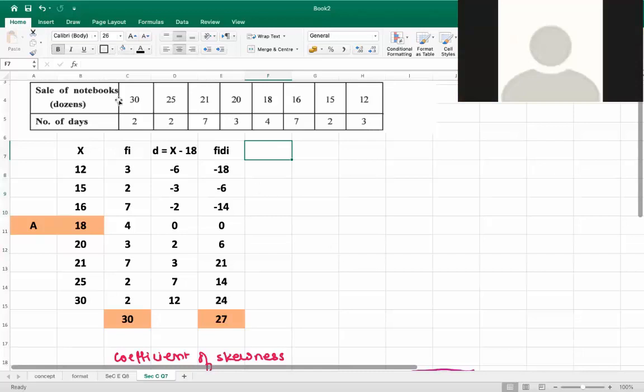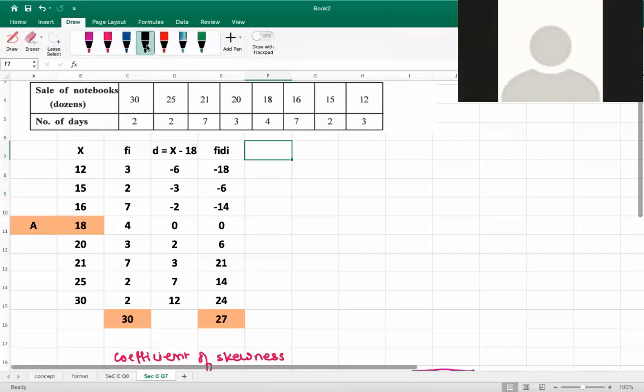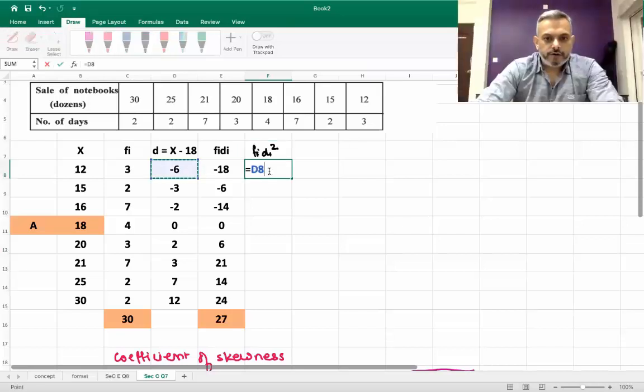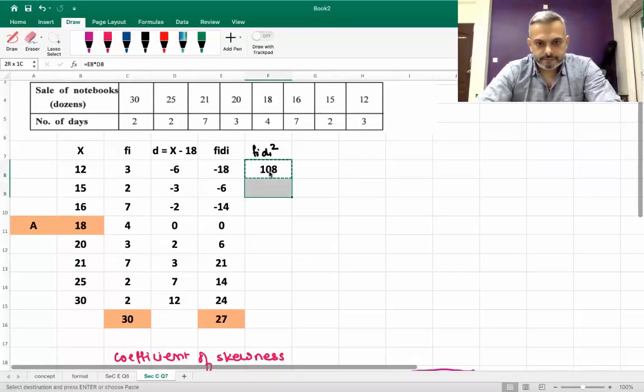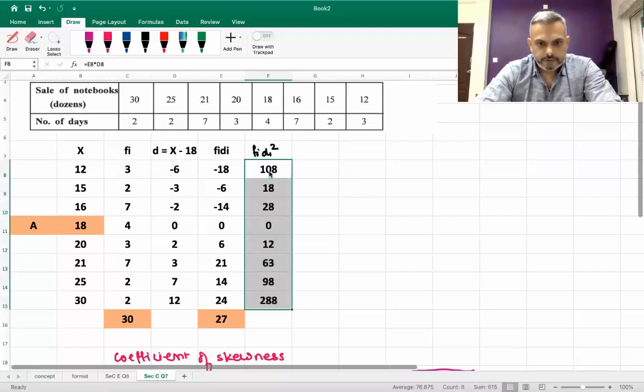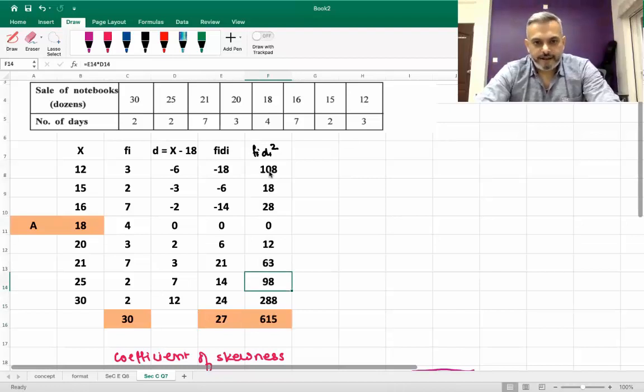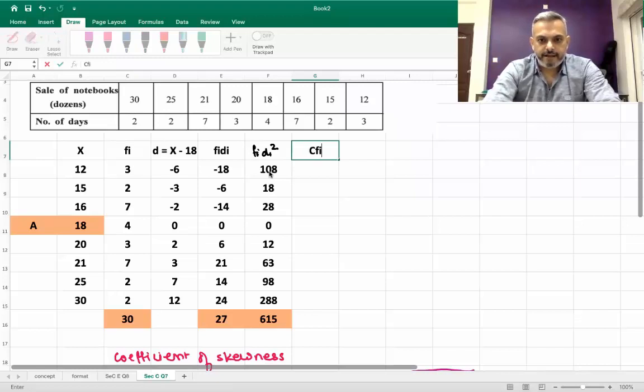Fi di square, which is equal to fi di into di. Total 615. And because we have to find the median, cumulative frequency, cf.